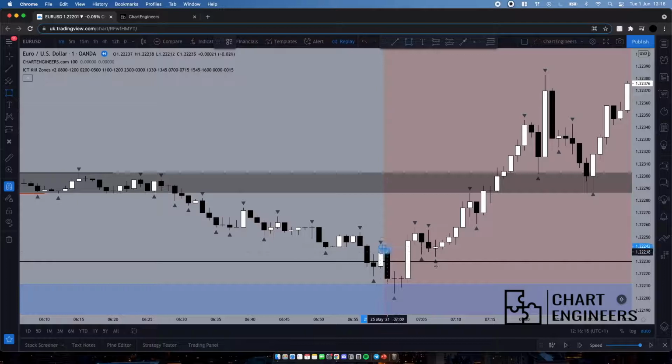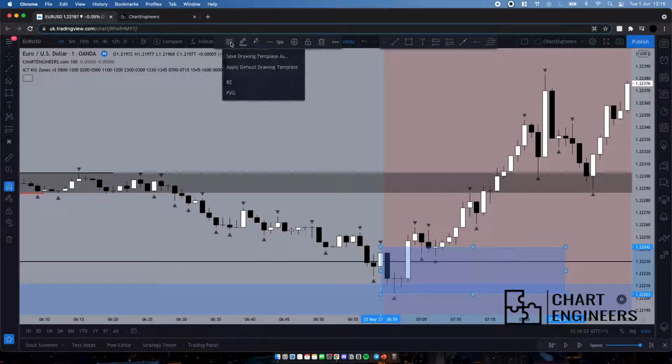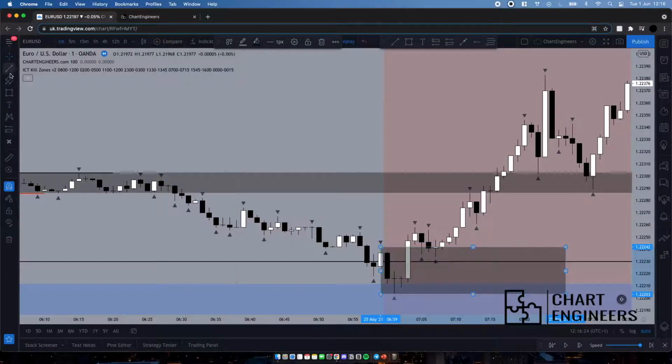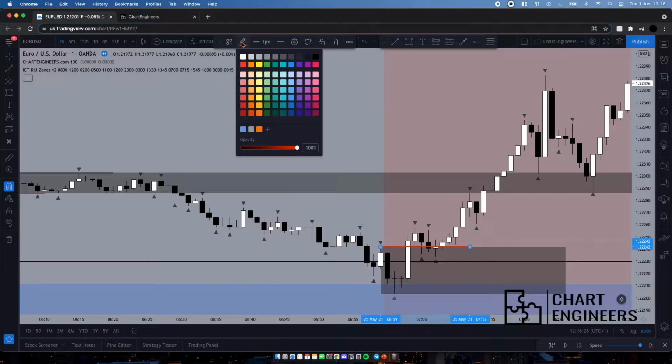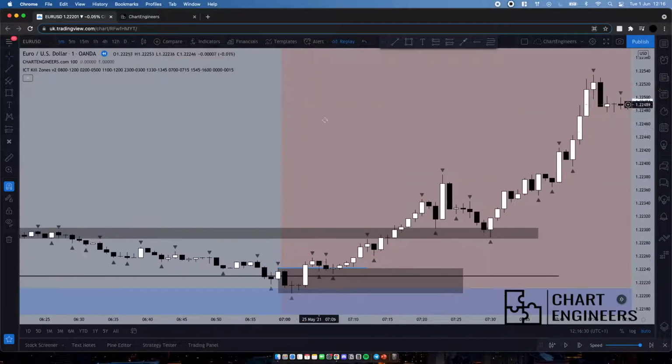Mark out your breaker zone, and your market structure break over here. That's your market structure break, price broke above, get tagged in, and then price just flies off to TP.